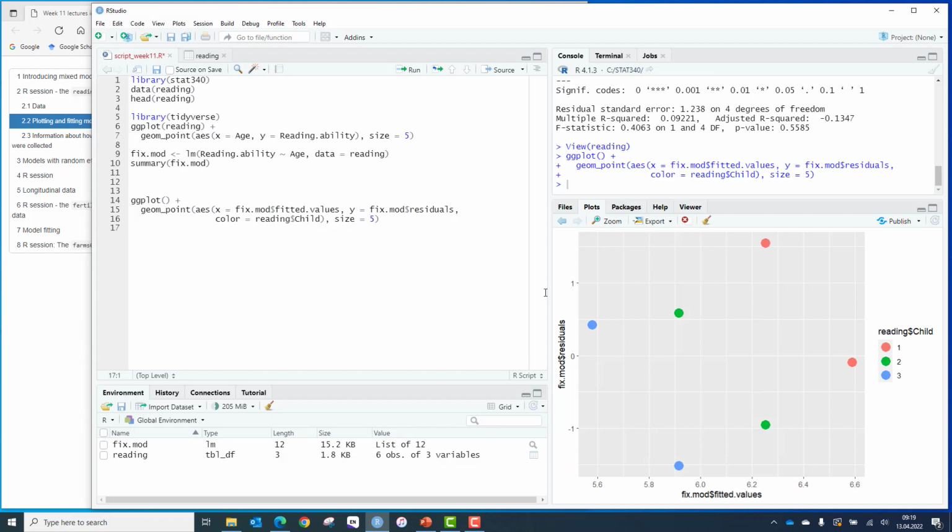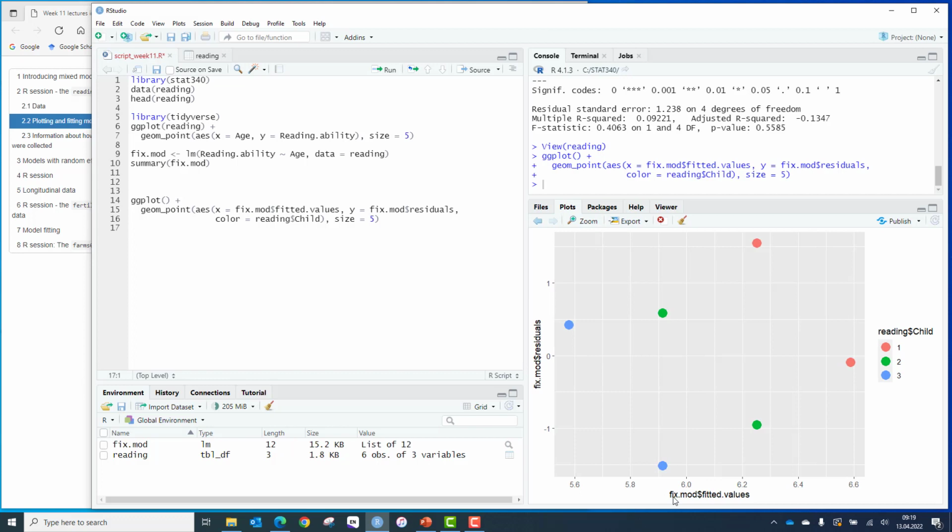So this is one of these diagnostic plots we have seen before, right? Where we have the fitted values along the x-axis and the residuals along the y-axis. And we look for, is there a growing variance along this axis, right? There should be approximately the same type of variance. And with only 6 points, it looks like the variance is more or less the same. That's not the problem.